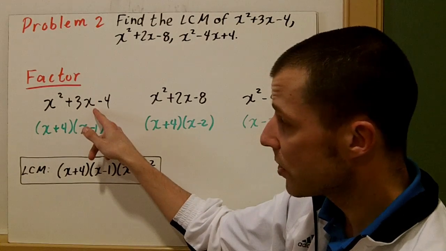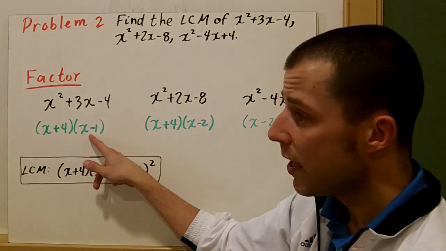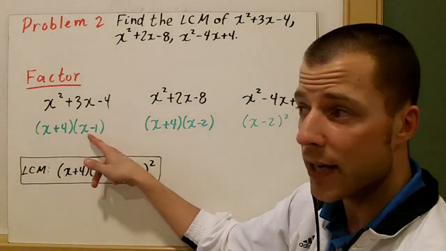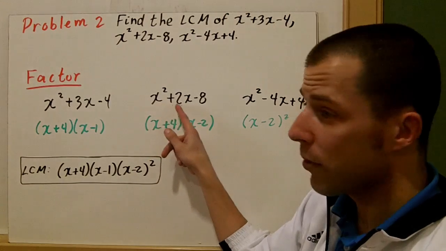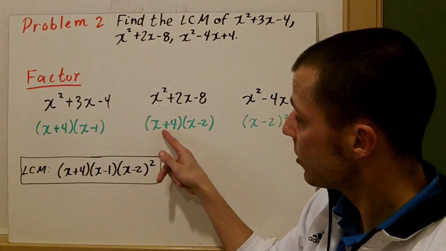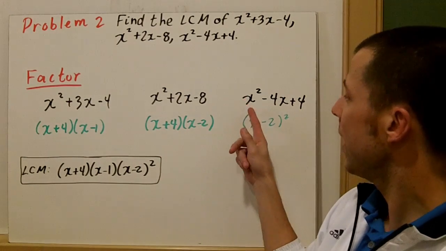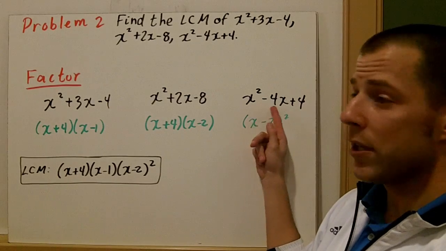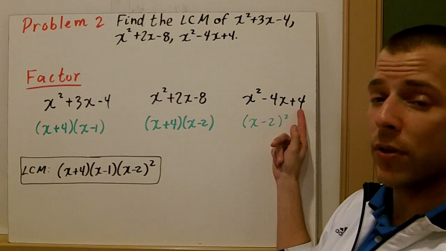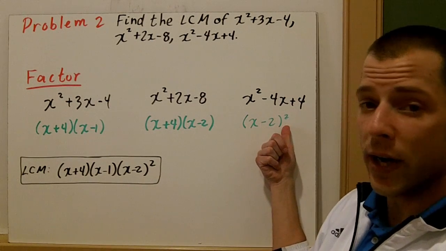The first one, x squared plus 3x minus 4, factors into x plus 4 times x minus 1, the prime factors. We have x squared plus 2x minus 8, so that factors into x plus 4 times x minus 2. And the final expression, x squared minus 4x plus 4, is actually a perfect square. It's x minus 2 squared.